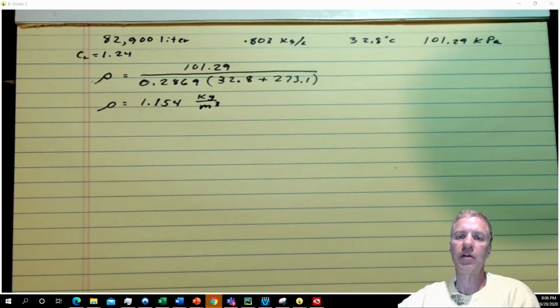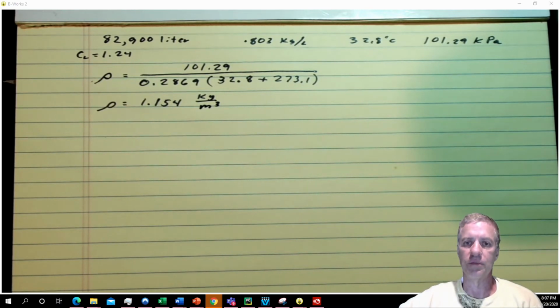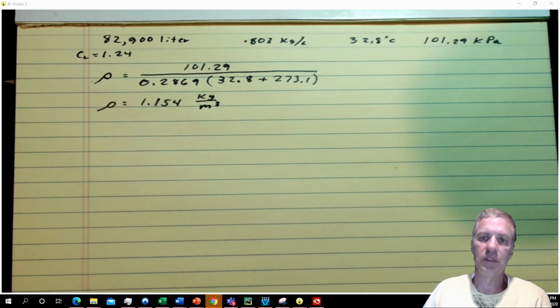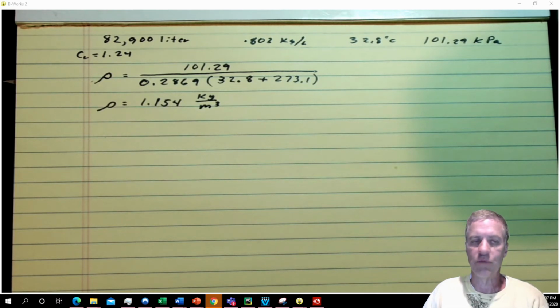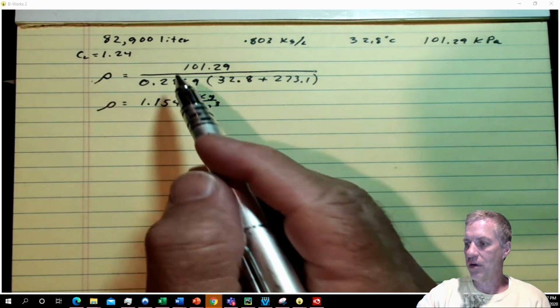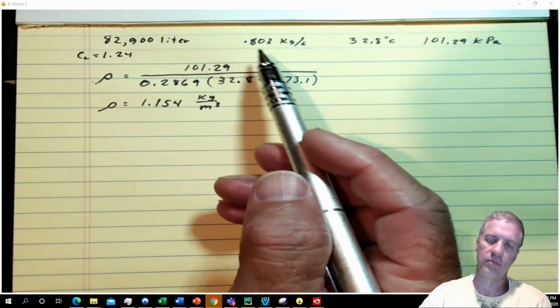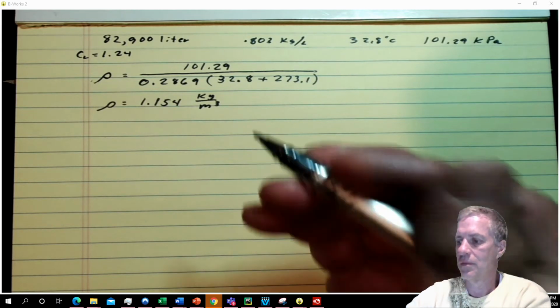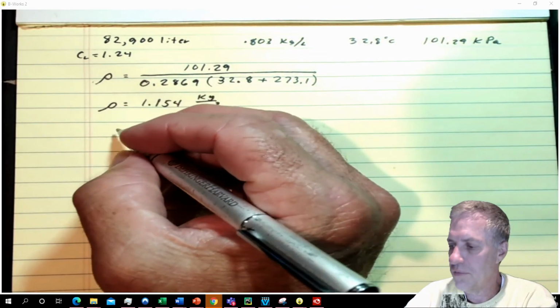All right, now we want to calculate the fuel burned. And all we have to do on that one is multiply the amount of fuel times the weight. And up here I use the liters. If you want to use the gallons, I give you those values also. I just use liters on this one. Okay.